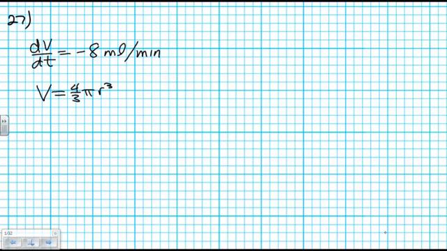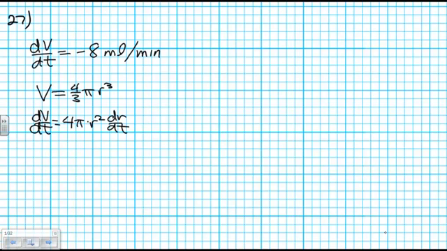Why do I know that we're going to have a volume equation in this problem? Because the only way to get a dV/dt is to take the derivative of that. Let's go ahead and take the derivative of that. We've done it. It's going to be 4 pi r squared dr/dt.